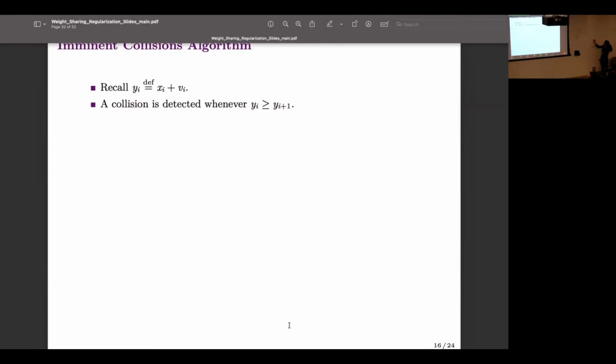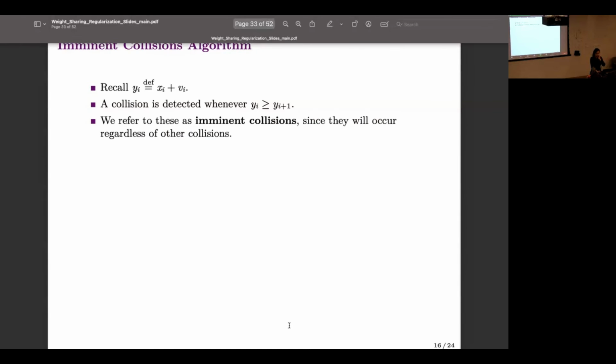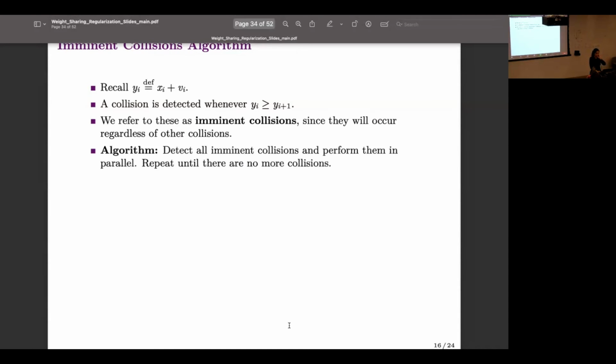If the position of this particle is more than that of the next particle after taking the system one step ahead, they collide and stick to each other. If the position at time one of a particle is more than another's, they stick to each other, a collision happens, and weight sharing happens. So the algorithm is to detect all of these immediate collisions. We call them imminent collisions.